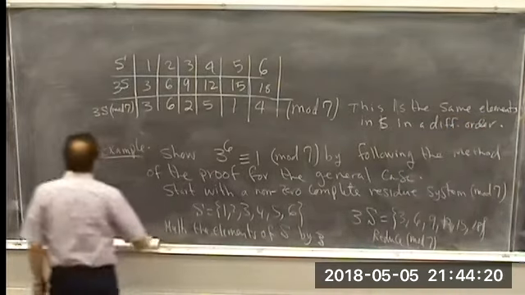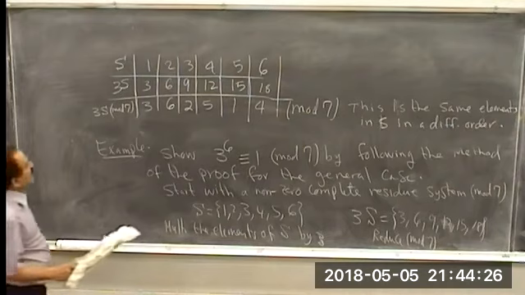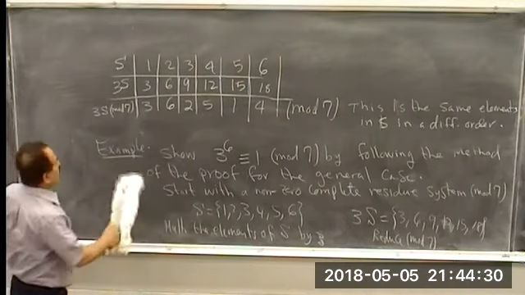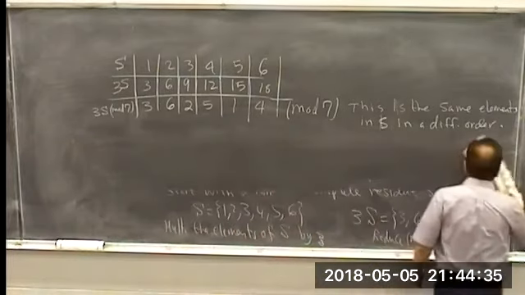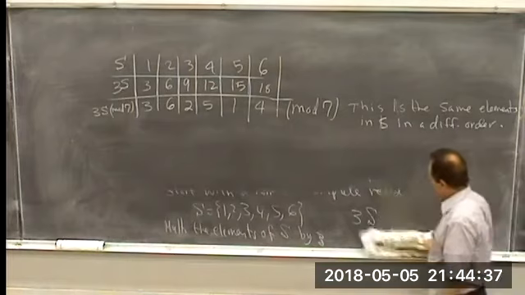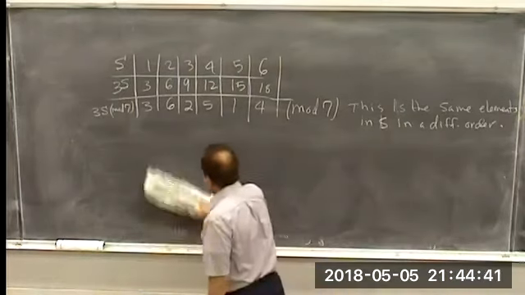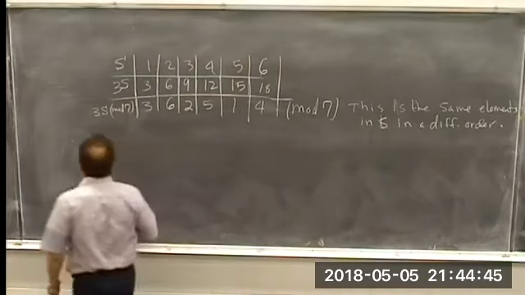Now, if I multiply the first row and the second row or the third row, we always get the same product. Well, the same product mod 7 actually.